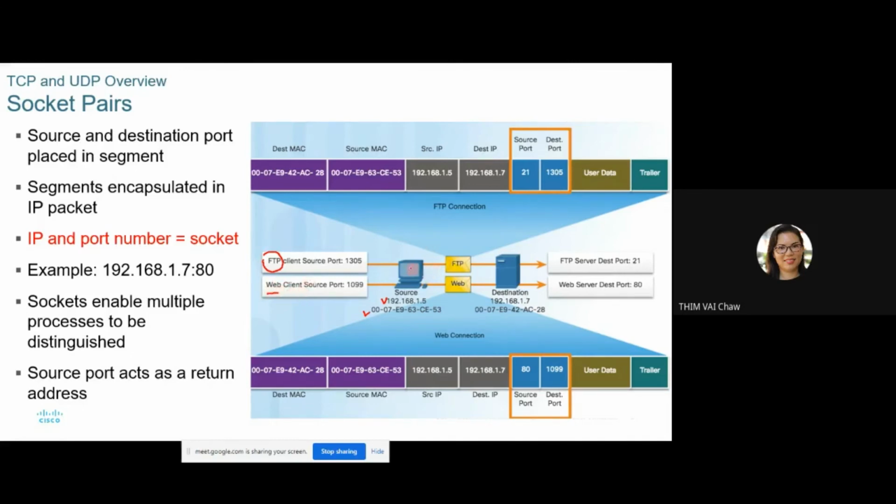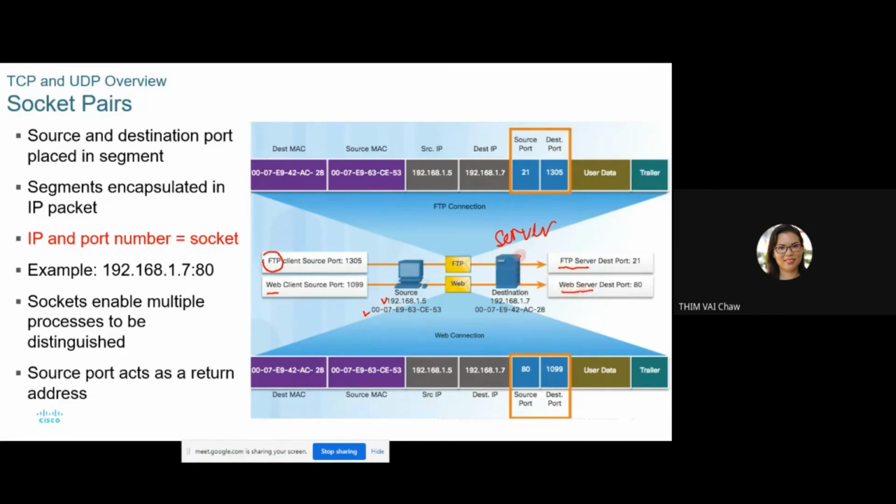Now assuming that this PC is connected to the local area network, and your local area network has one server. This particular server acts as a file transfer protocol server, and at the same time it is also a web server.